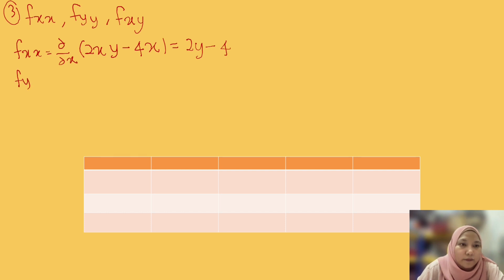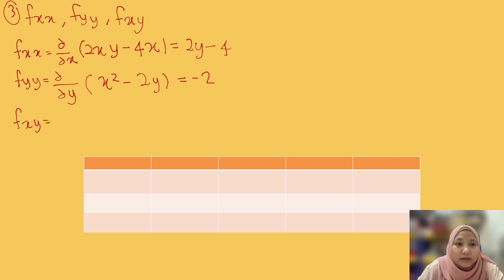And then for fyy, differentiate the partial derivative with respect to y, the function x squared minus 2y. So differentiate with respect to y, we get negative 2. And for fxy, we will differentiate the partial derivative function that we get when we differentiate with respect to x, but now we will differentiate the same function with respect to y.